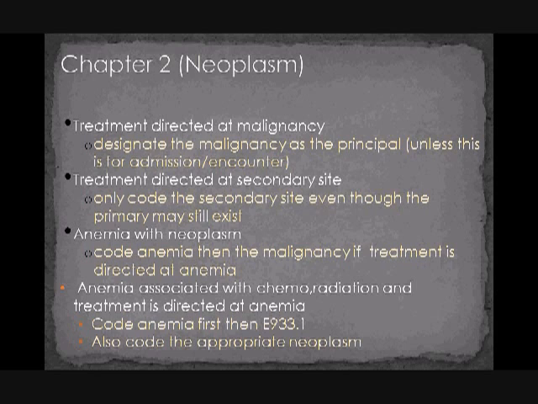Essentially, the chemotherapy or the radiation is affecting the individual's blood, in this case causing anemia. So if the person is here to be treated for the anemia, you don't code the cancer first. You code the anemia, then the E code, and also the actual neoplasm.